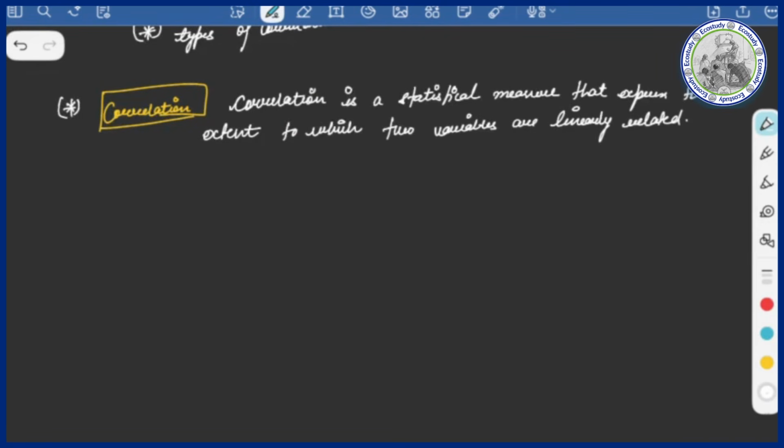So this is the definition of correlation, but before that we should know the meaning of correlation.